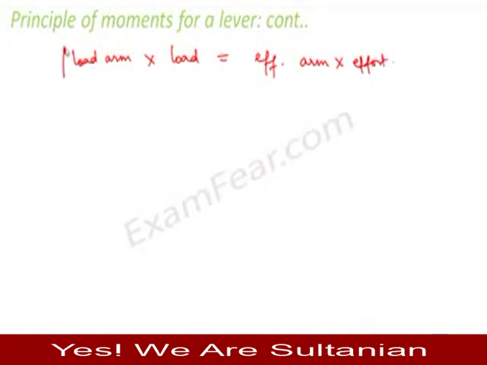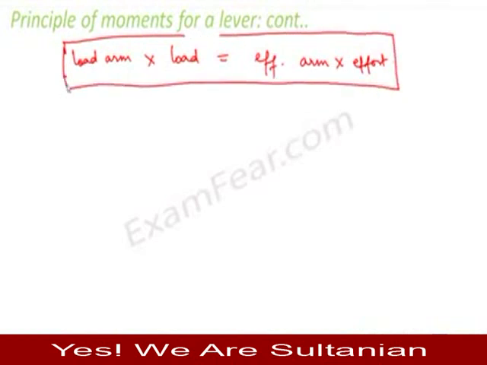And this defines the principle of moments for a lever. So to ensure rotational equilibrium in case of a lever, we should ensure that the load arm multiplied by load should be equal to the effort arm multiplied by the effort.